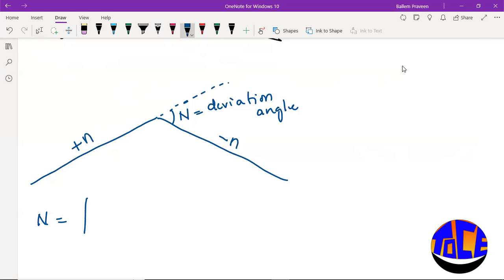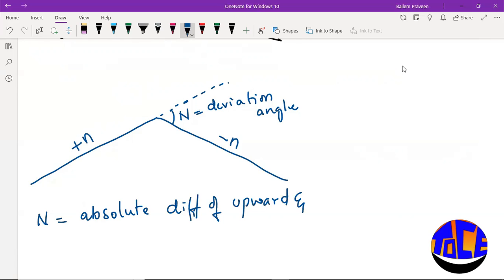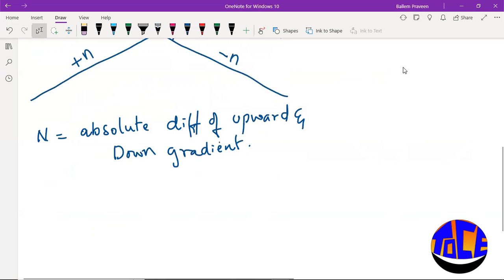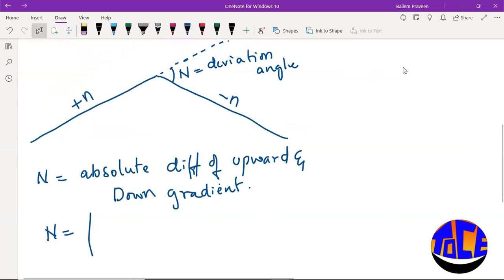So this is the absolute difference of upward and downward gradient. How can we write that? Absolute difference, mathematically, we write like this: plus n minus of minus n.